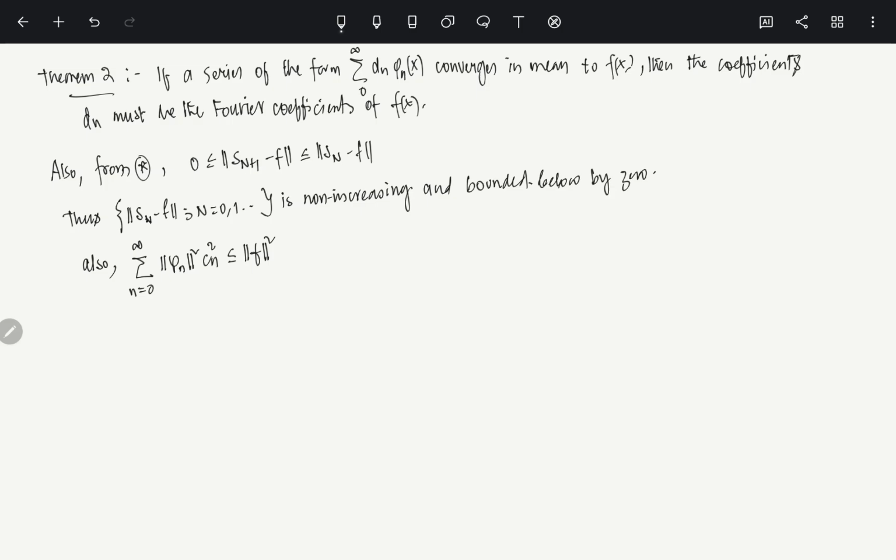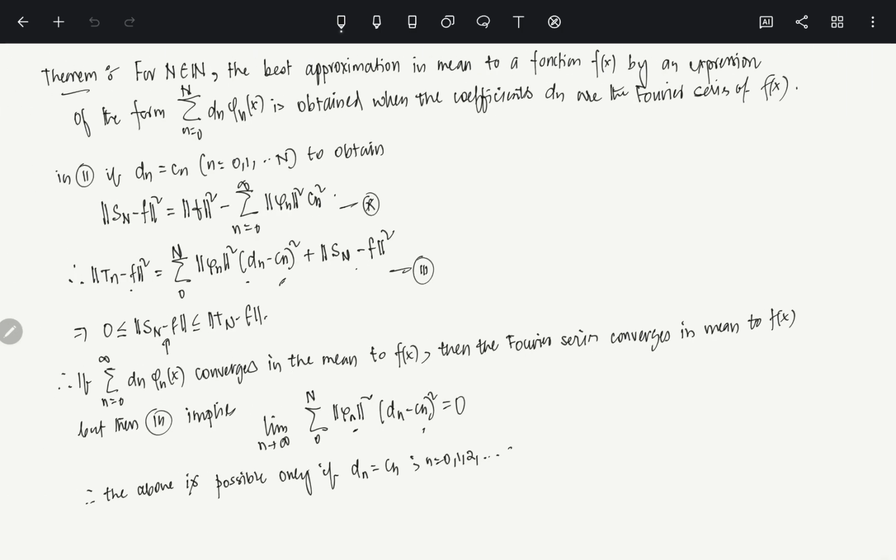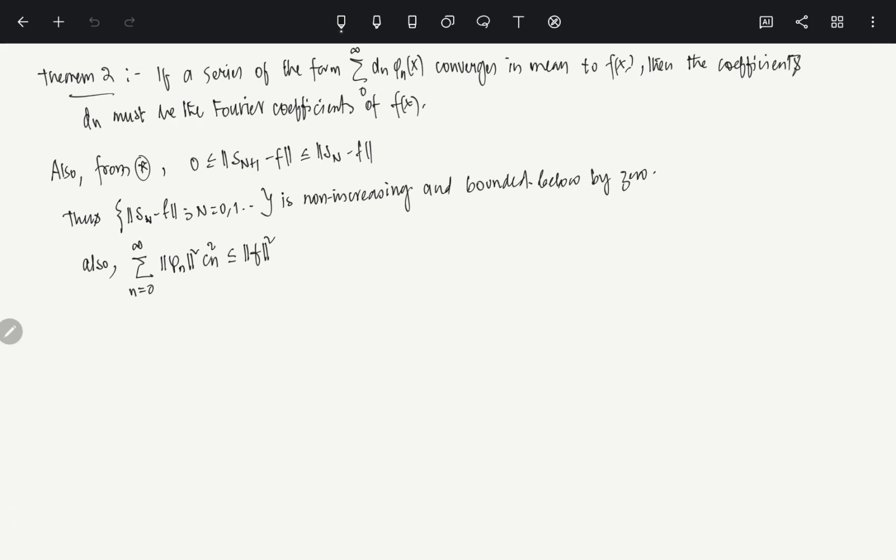That is true, because this always dominates 0. So basically phi n squared times cn squared is dominated by the norm of f squared, right? Now you see the sequence. Since the sequence Cn, what is Cn?